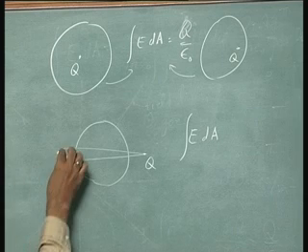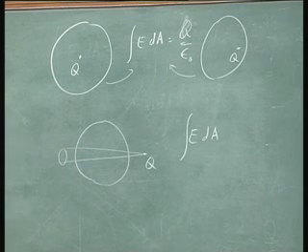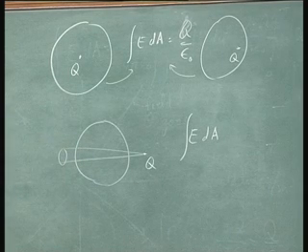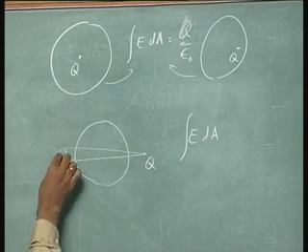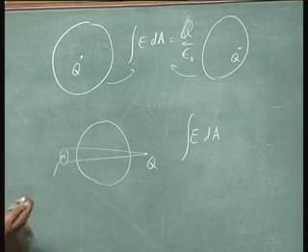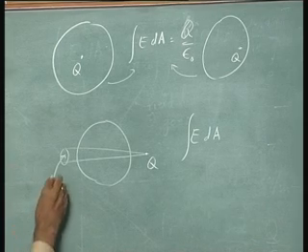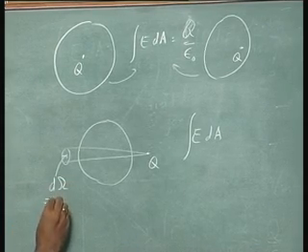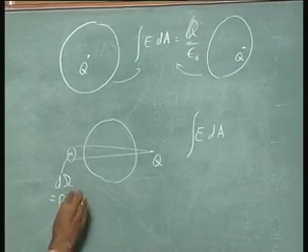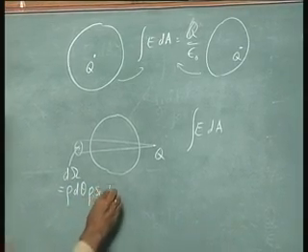Supposing I take a tiny cone and puncture this sphere with it. The cone has its point at the charge, and it has an apparent angular size of d omega, which would be equal to rho d theta rho sin theta d phi.